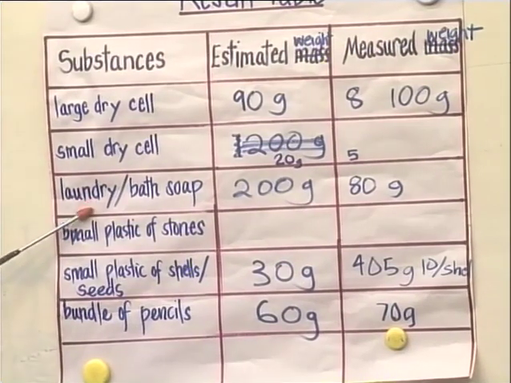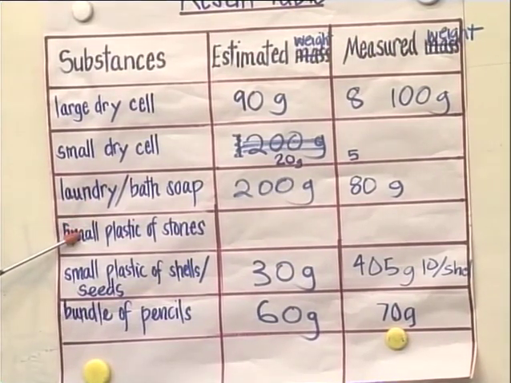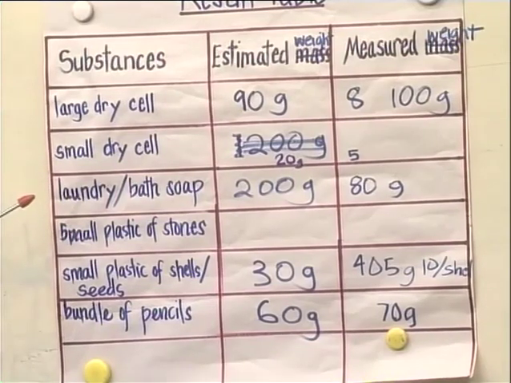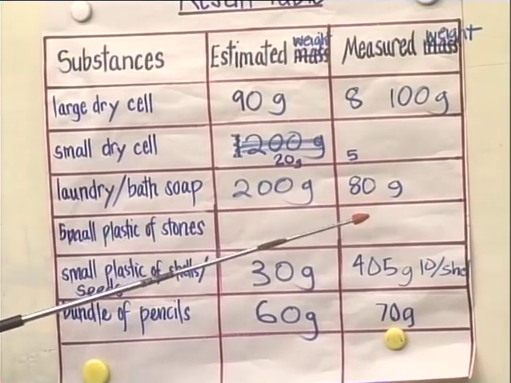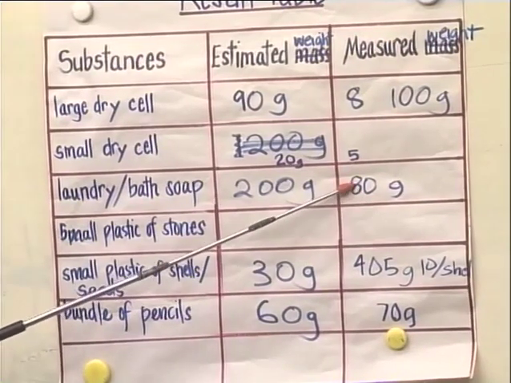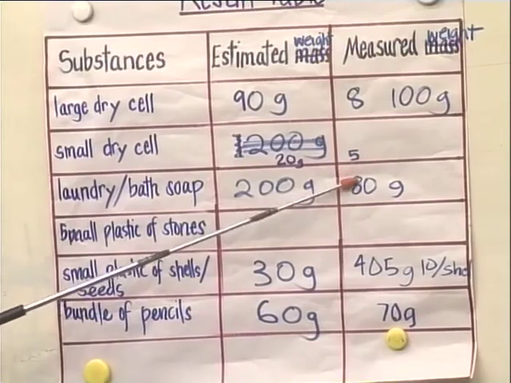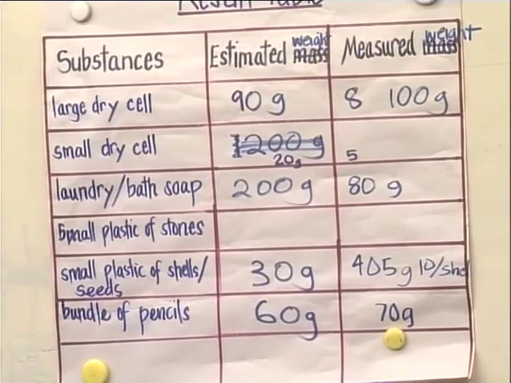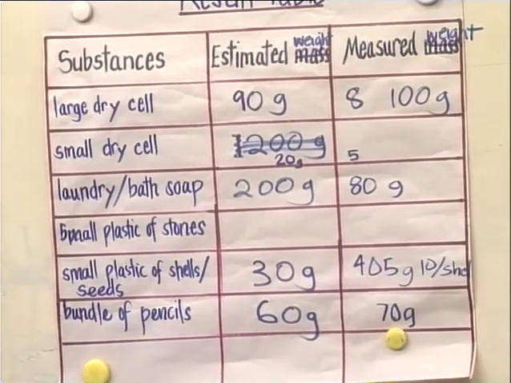This group here, did you measure laundry soap or bath soap? Is this weight here for the laundry soap or bath soap? Both are the same. So 80, class, you agree? Yes. All right, about 80 grams. What about this group here that brought shells?